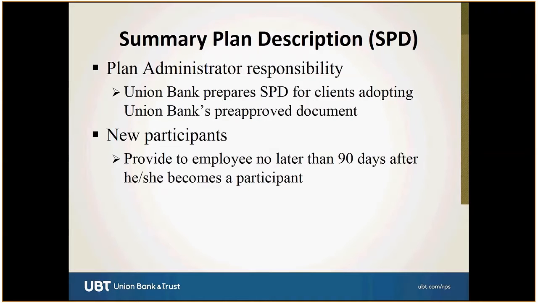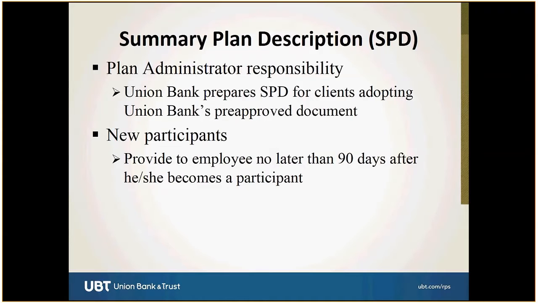If you're a Union Bank client, we prepare the SPD for you if you've adopted Union Bank's pre-approved document. The SPD is an enrollment kit type of notice, so make sure when you've got new participants coming on board that as part of the enrollment kit, they receive a summary plan description, and they need to receive that no later than 90 days after he or she becomes a participant.